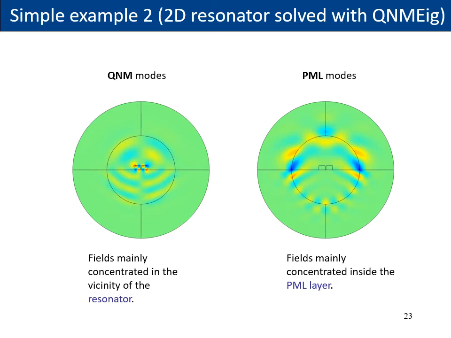The second kind of modes, on the contrary, have large field inside the perfectly matched layer, and their eigenfrequency and mode profile are very sensitive to your perfectly matched layer variation. If you change the thickness of your perfectly matched layer, you will see that the eigenfrequency of this mode will shift a lot.